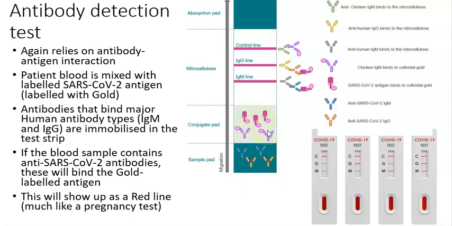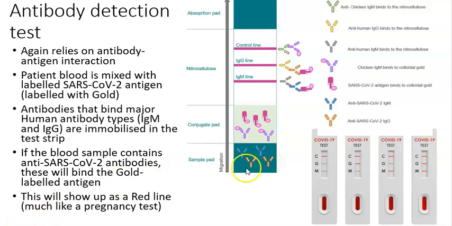Now, what we're trying to do here is find out whether we have got anti-COVID-19 SARS-CoV-2 antibodies. So on this line here, we've got an antibody that recognises human IgM, and this line has got antibodies immobilised, which are human, that recognise human IgG.